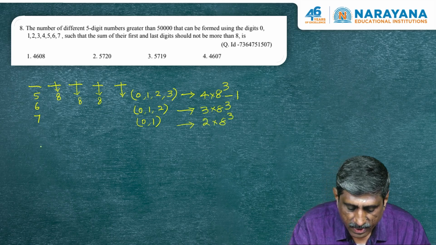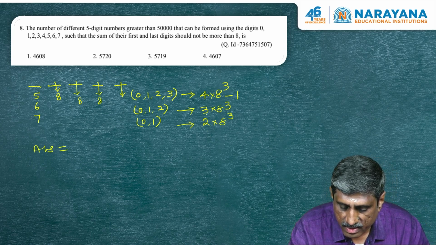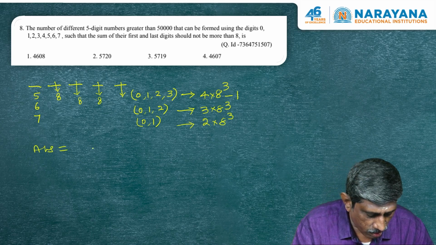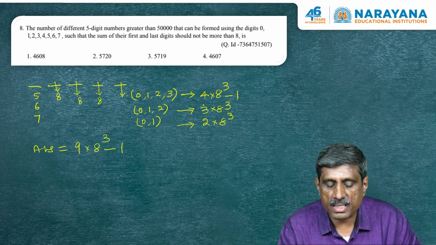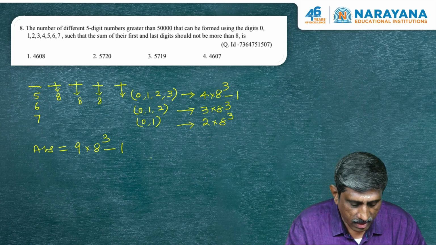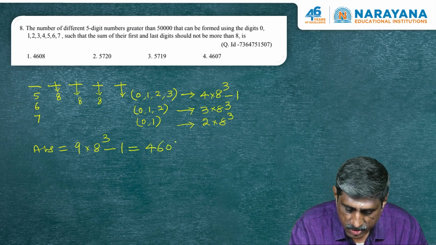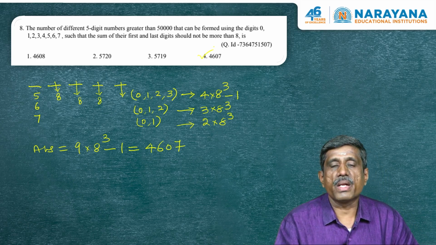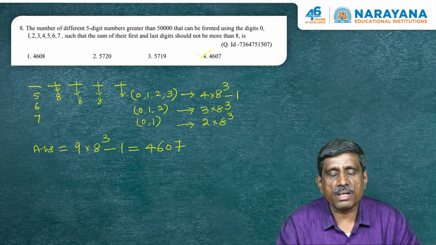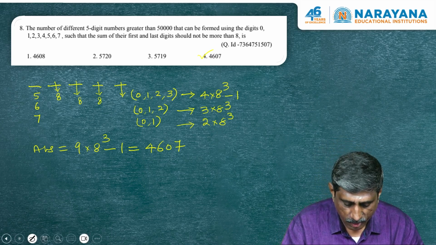And when we simplify, the required answer is 4 plus 3, 7, 7 plus 2, 9. So, the answer is 9 into 8³ minus 1, because you should not consider the number 50,000, and on simplification we get the answer as 4607, a regular question under permutations and combinations. It is a direct counting, we are not using any new idea for solving the problem, routine process.